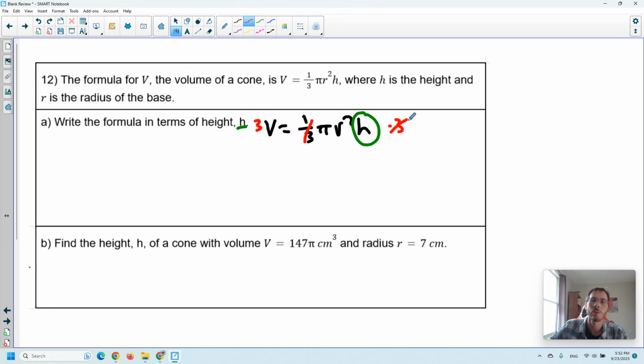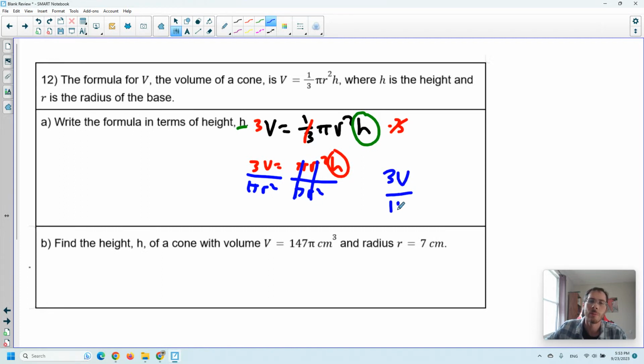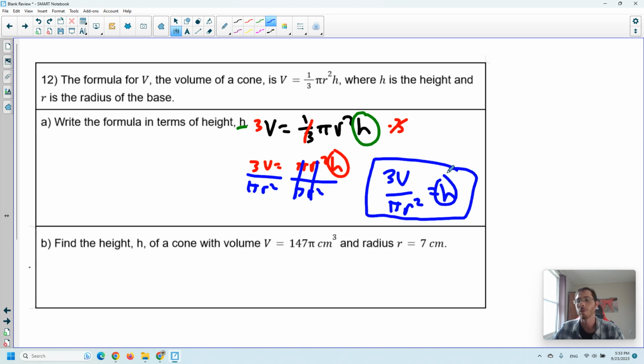So that'll cancel out the 1/3. So 3v equals pi r squared h. I see again, h is not by itself yet. I have to divide both sides by pi r squared. And I get 3v over pi r squared equals h. H is now by itself. I'm already done. That's it.